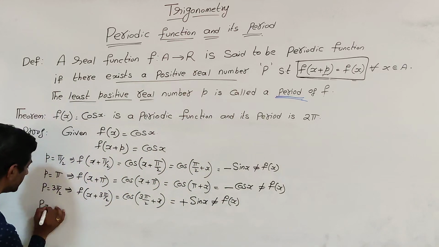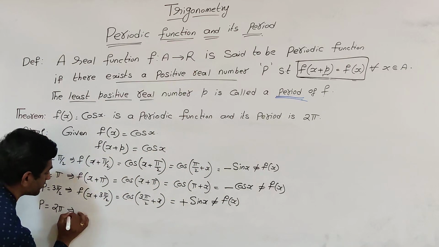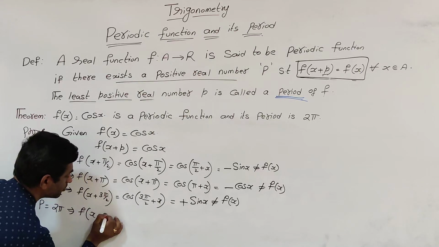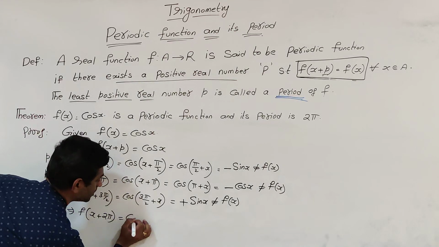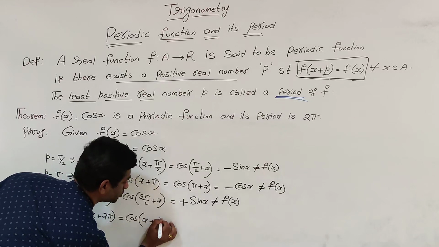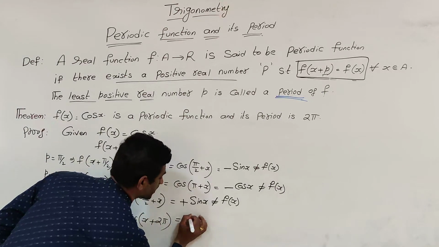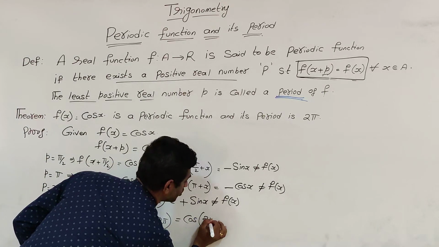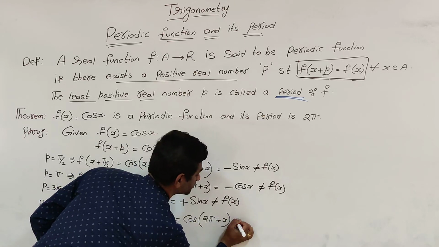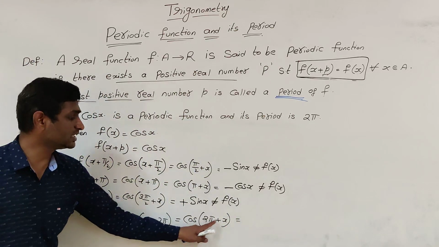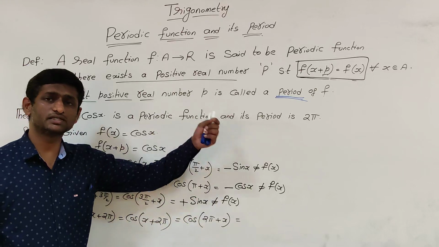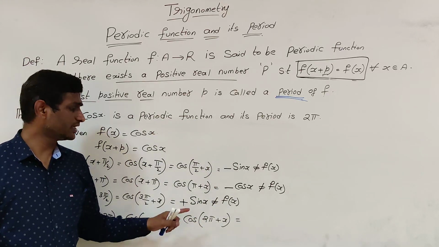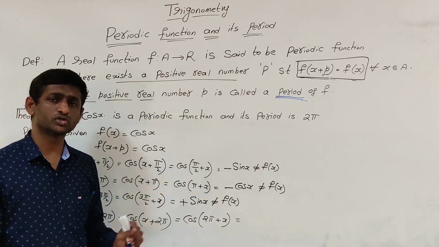Now we'll check p is equal to 2 pi. F of x plus 2 pi, that is cos of x plus 2 pi, that is cos of 2 pi plus x. But what is this? 360 plus theta. 360 plus theta lies in the first quadrant, where all trigonometric ratios are positive.